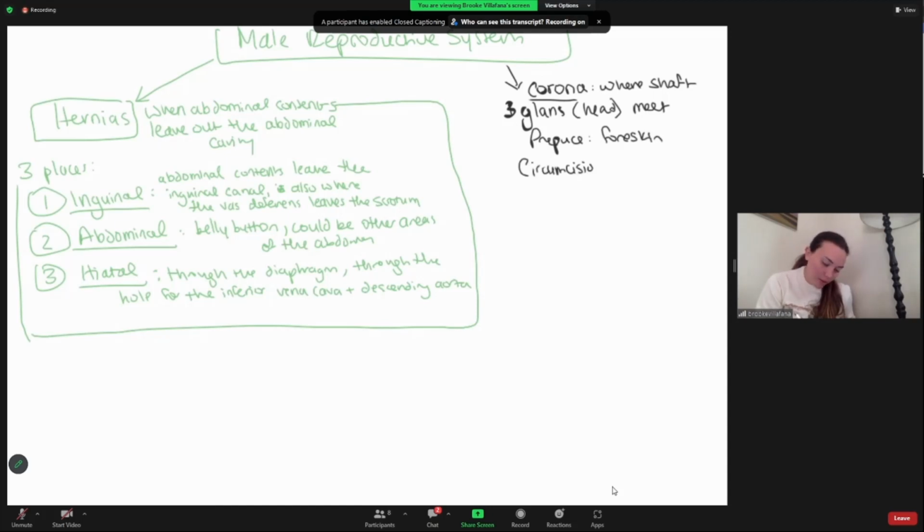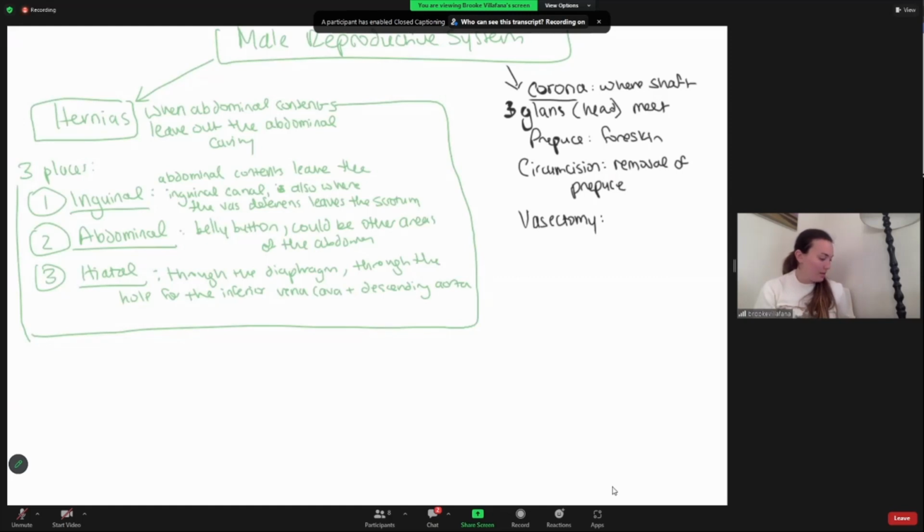Circumcision would be the removal of the foreskin, the removal of the prepuce.